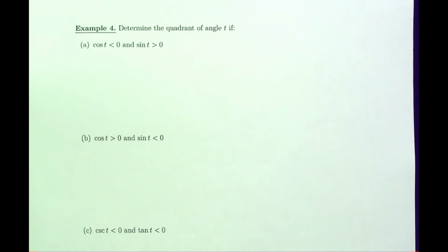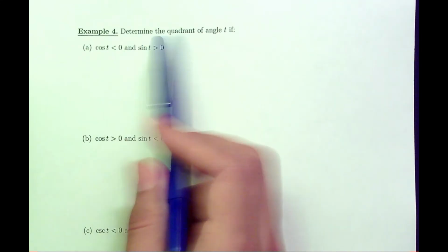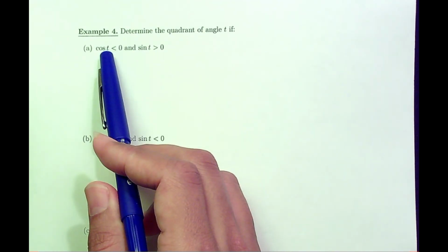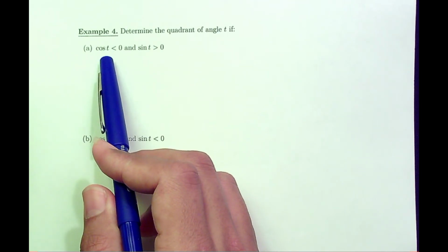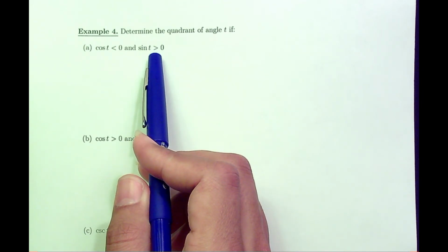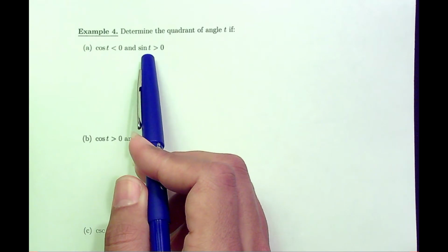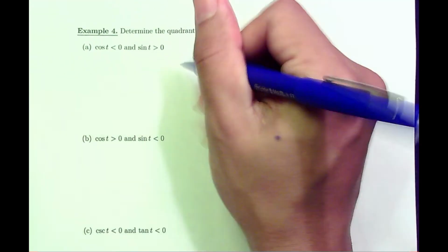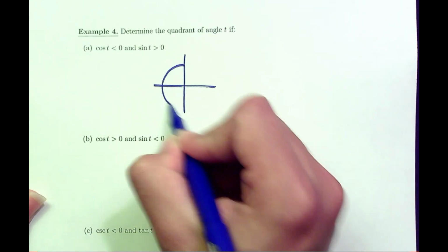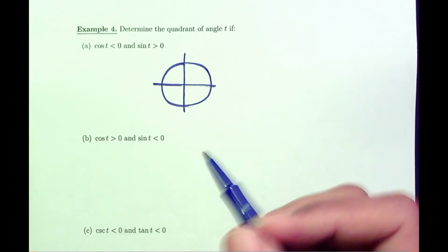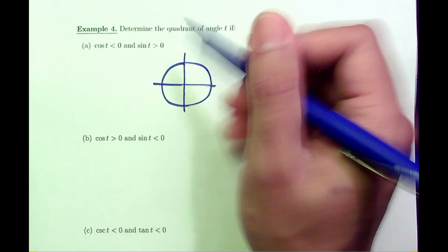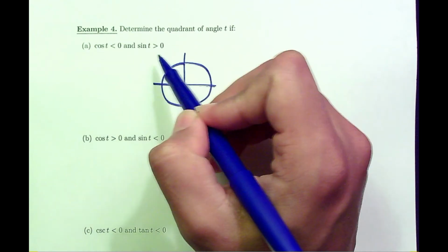So again, we're going to figure out in what quadrant the angle is if we know certain information. What information? We know that the cosine is less than 0 and the sine is positive. So the cosine is negative and the sine is positive. So if we were to draw this angle on the plane, you consider the terminal side and it is going to intersect the circle somewhere, so that intersection is going to satisfy this property.